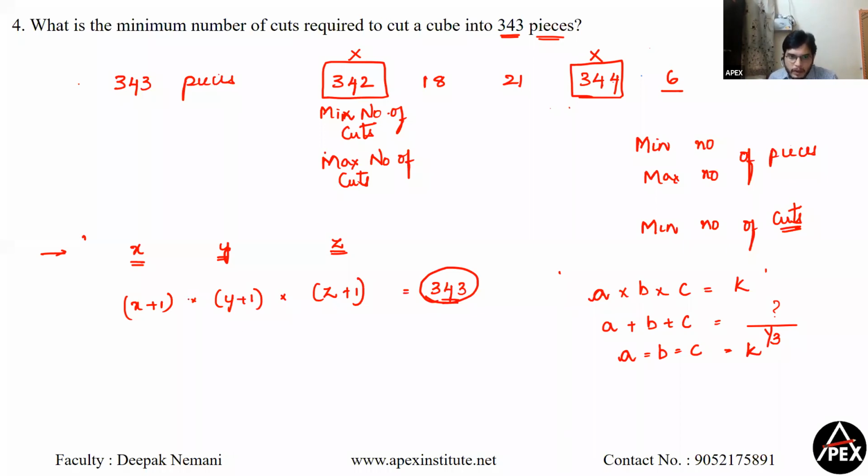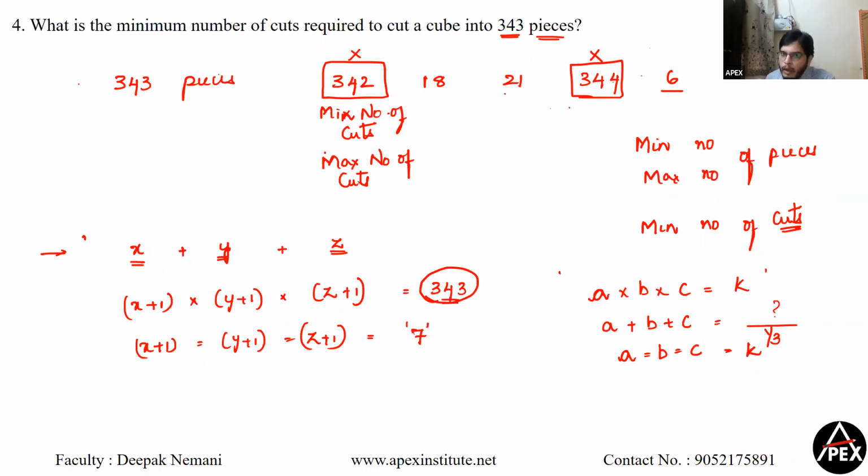Okay. So I can say that x plus y plus z will be minimum when x plus 1 is equal to y plus 1 is equal to z plus 1 is equal to the cube root of 343, which is 7, isn't it? Now what is asked in the question? X plus y plus z.